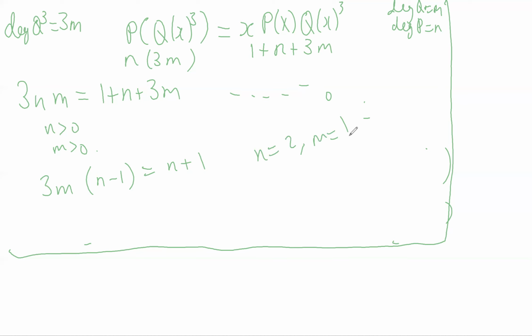So then you basically have p of x equals a2x squared plus a1x plus a0. Though we know a0 is 0 from before, so that could help.